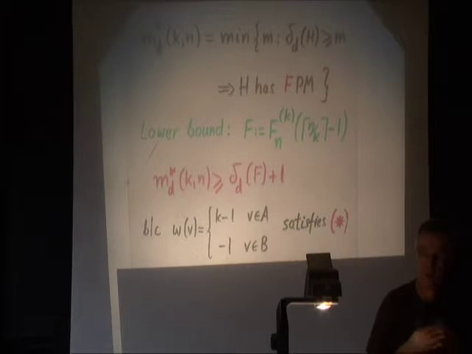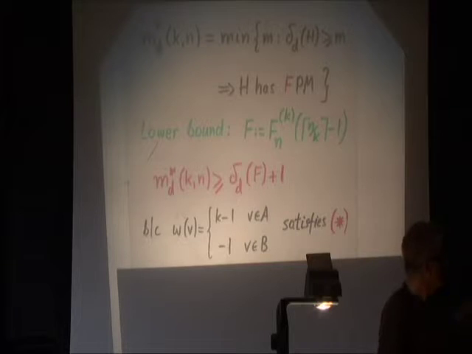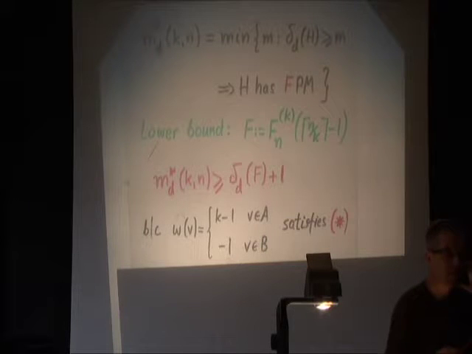So this is a weight function which exhibits this as part of Farkas Lemma. So there is no fractional perfect matching. Why? Because if every vertex in A has weight k minus 1, then every edge is safe. Every edge is non-negative, because every single edge is just negative 1. But the total, if you sum up, because you have only n over k minus 1, the total is negative.